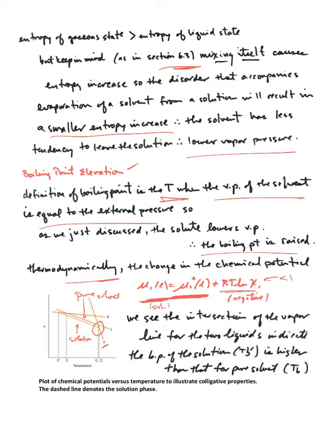And you see that the intersection for the solution, which is the dashed line, indicated by TB prime, is a little bit to the right of the intersection with the solid line, which is the boiling point of the pure solvent. So you can see you're getting a boiling point elevation due to the lowering of the chemical potential of the solution.